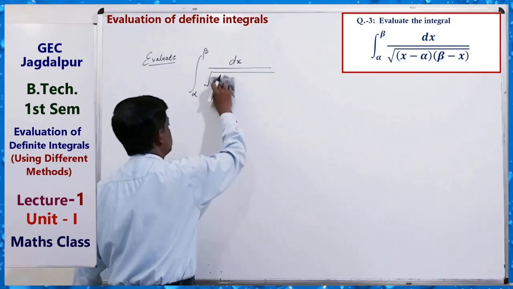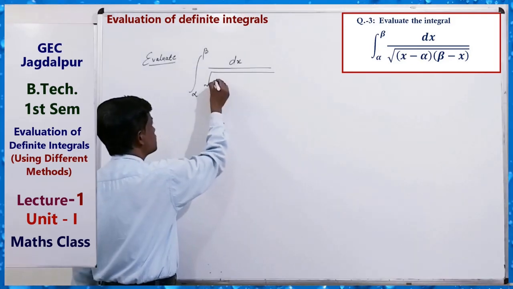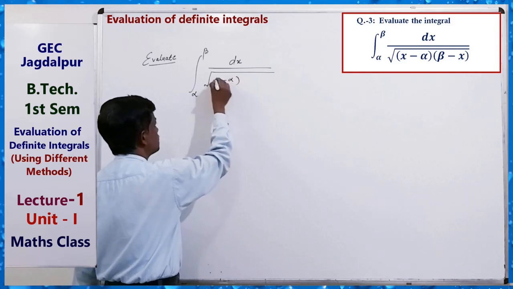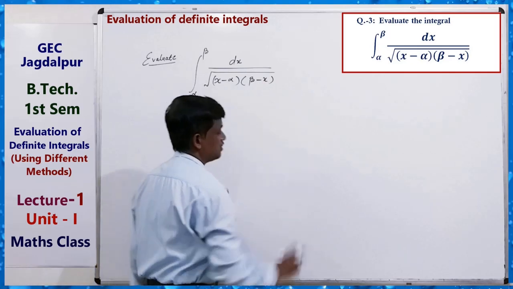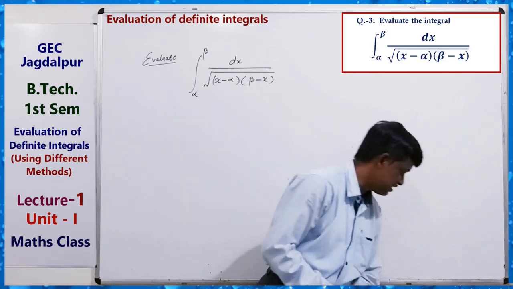Just take x minus alpha and beta minus x. This integration, beta minus x.